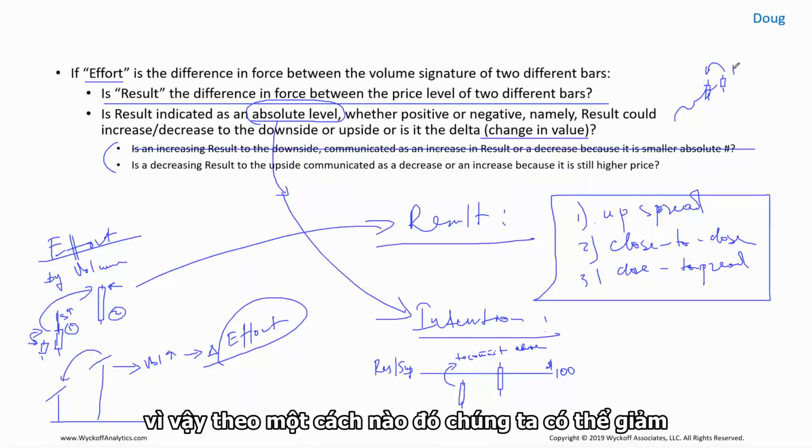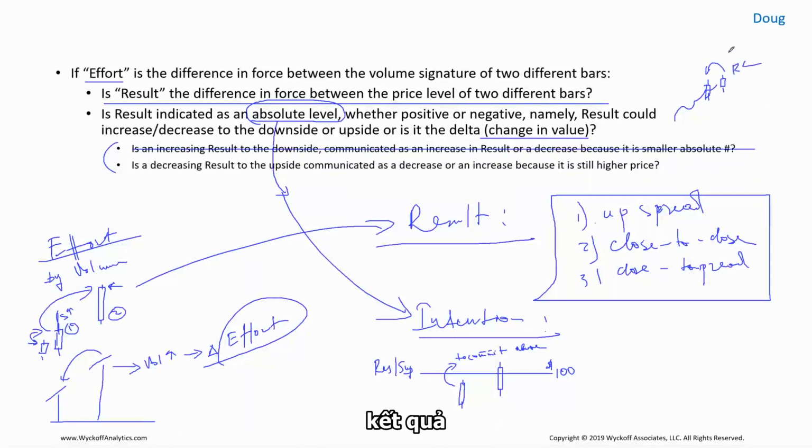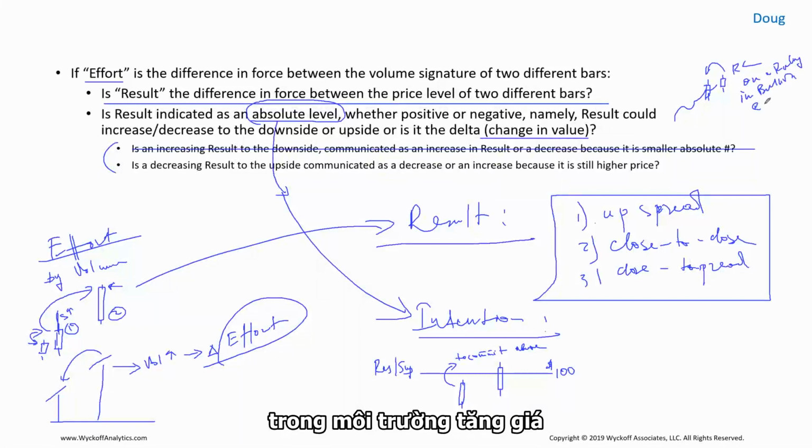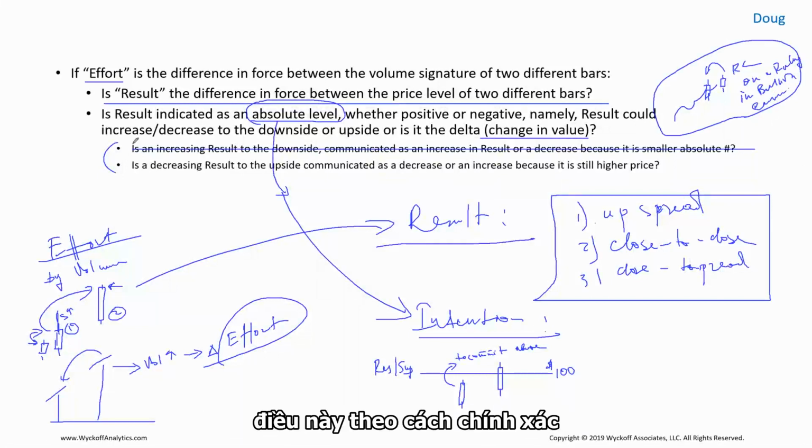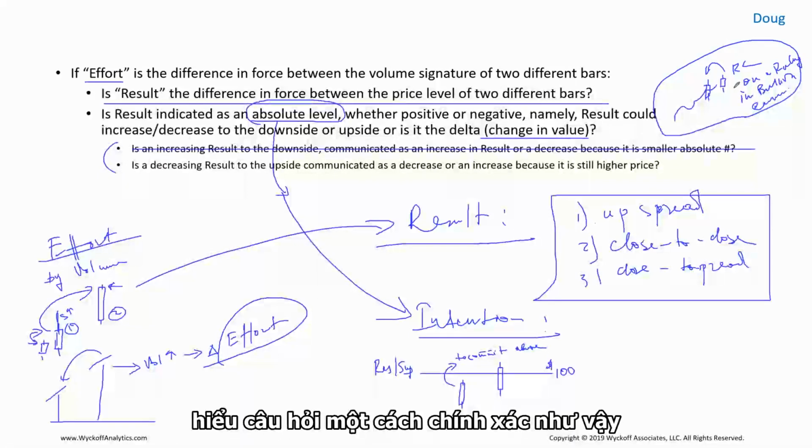So in a way, we could have a decrease in the result on a rally in a bullish environment. So hopefully, I'm addressing this in the correct way. I'm just trying to see if I'm understanding the question correctly.